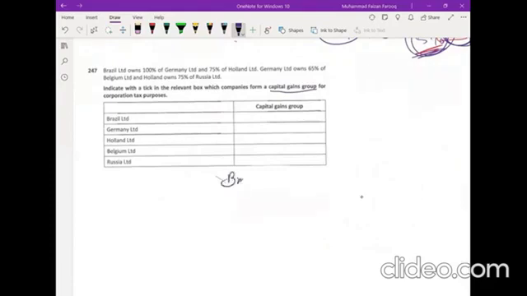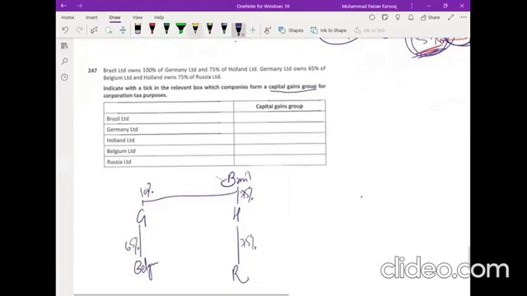So we have Brazil, which owns 100% of Germany, 75% of Holland, then Germany owns 65% of Belgium, and Holland owns 75% of Russia.